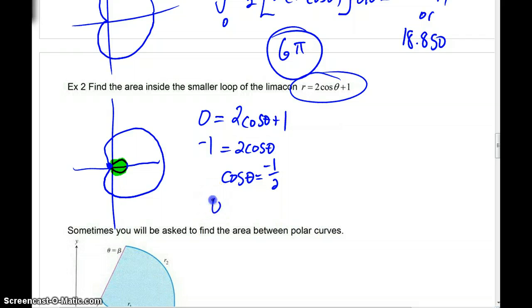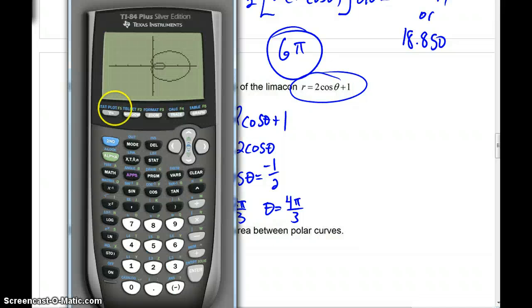Well, it doesn't take too much to see, if we're going between 0 and 2 pi, that cosine would be negative in the second and third quadrants. So we'd have 2 pi over 3 and 4 pi over 3, where our r would equal 0. Well, why don't we try this?